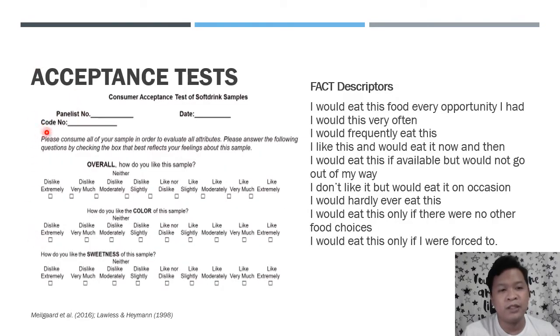So the most common scale used for acceptance tests is the 9-point hedonic scale, wherein you have 9 discrete response alternatives. This is actually considered interval in nature, wherein dislike extremely is given a value of 1, like extremely is given a value of 9, 5 is neither like nor dislike, and supposedly the psychological distance between each point is equal, such that you can treat it more like an interval scale rather than a simple ordinal scale.